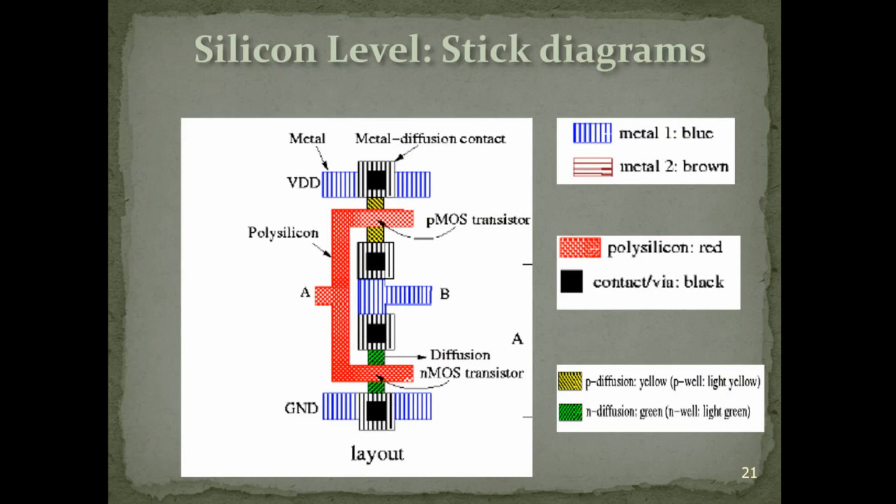This is how things might look at the silicon level. This is all about the so-called stick diagrams. If you're familiar with chip design, this is basically how the diagram of a chip looks. You have different metal layers, silicon layers, in order to create different transistors and so on. This is an example of an inverting gate created using MOS technology.